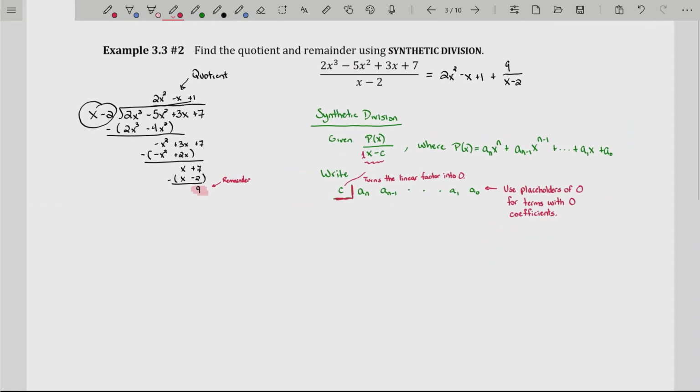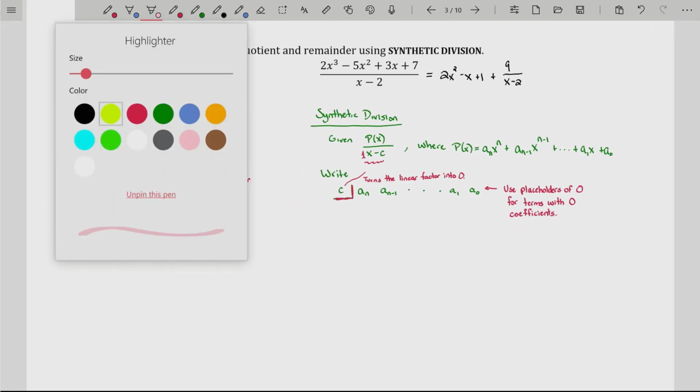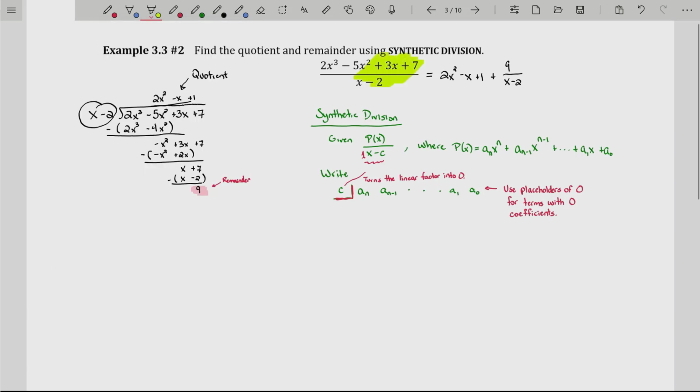So I'm going to zoom out here and I'm just going to keep my eye on the original problem, not my work that I did with long division, because what this is going to do is speed up long division in the long run. So I'm going to look at that and say, okay, well, it's x minus 2. So what he said in class was to write 2 with a little kind of a bracket off thing.